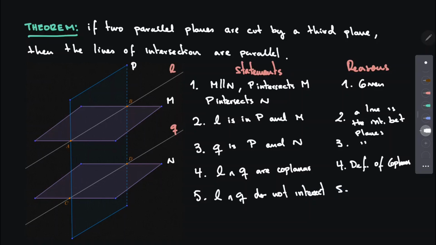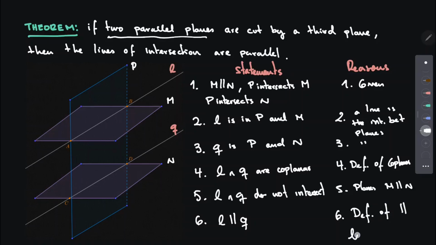Why not? Because the planes are parallel, right? It says two parallel planes. So plane M is parallel to N, so they do not intersect. So they are coplanar and they do not intersect. So by definition, we now know that line L is parallel to line Q. This is by definition of parallel lines.